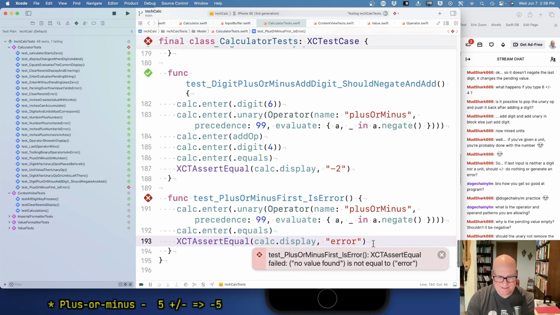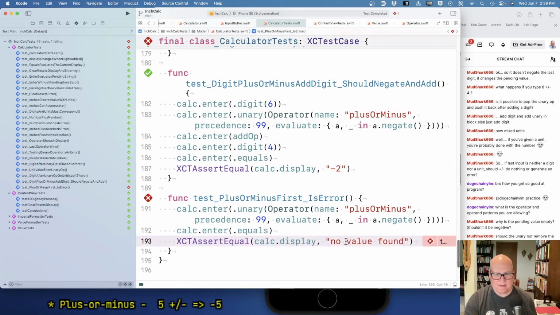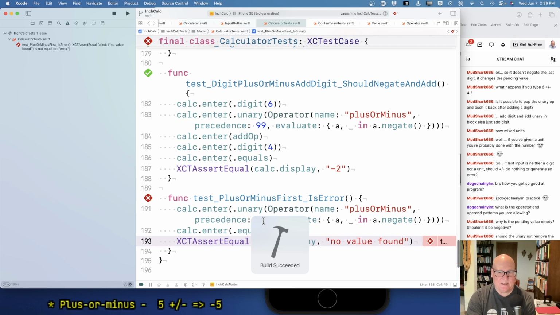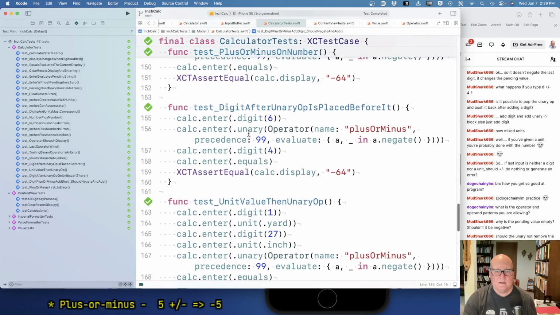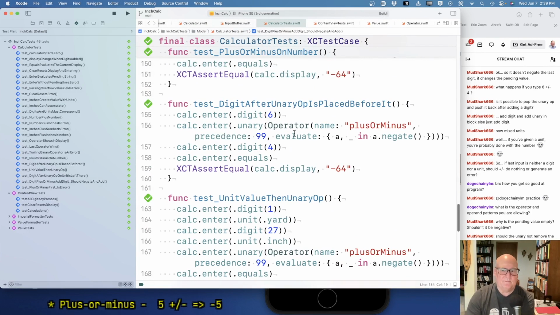I think no value found. Okay, so I think that documents the other case we're worried about. Let's run it one more time.